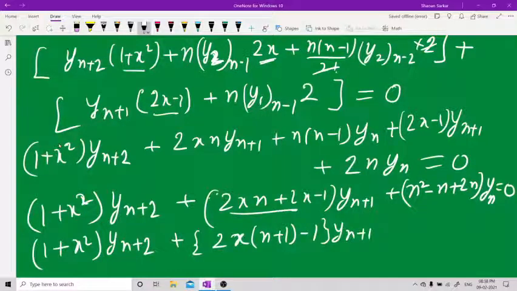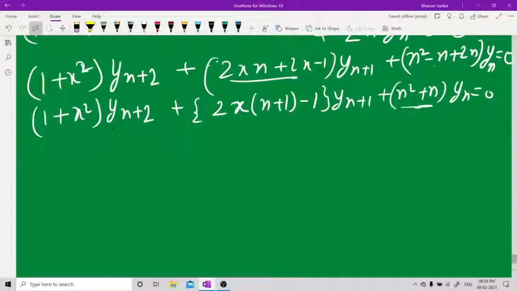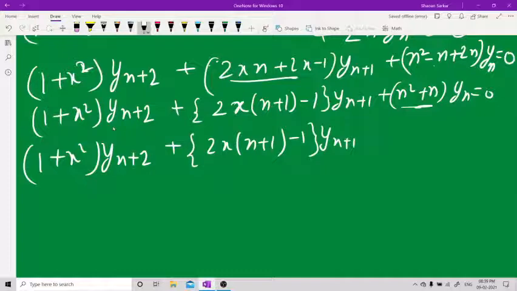Now in this you can write this n and this n will be there, so this will be (n² + n) y(n). Now you can take an n common out of this. Now (1 + x²) y(n+2) + (2x(n + 1) − 1) y(n+1) + n(n + 1) y(n) = 0.